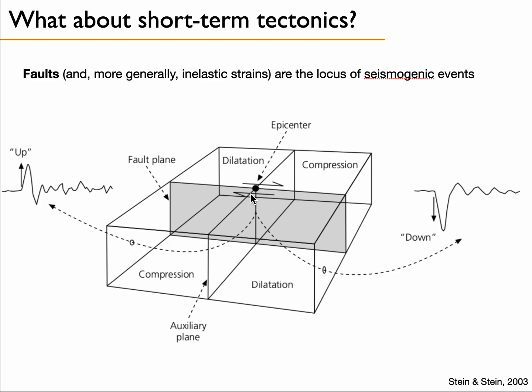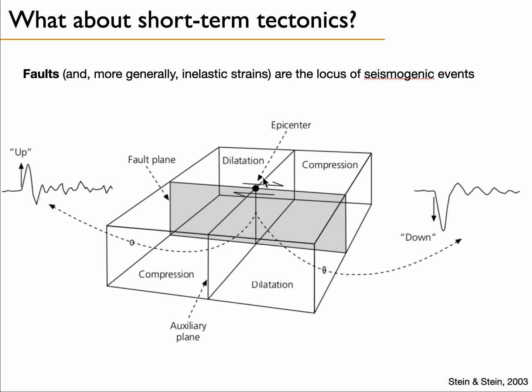And when a seismogenic event takes place, there is radiation of seismic waves. From the parts in compression, the quadrants that are in compression, this arrow is pointing towards the compression here, and that arrow is pointing towards compression on that side.